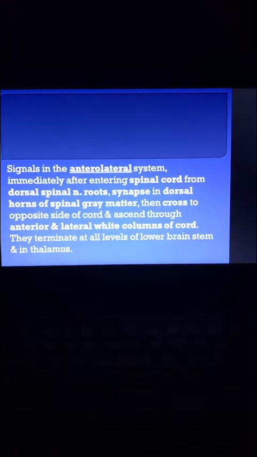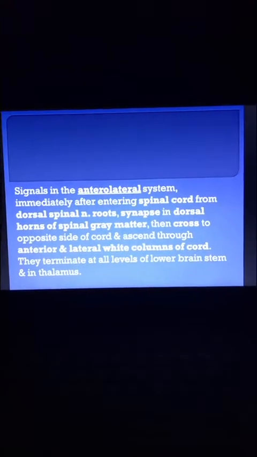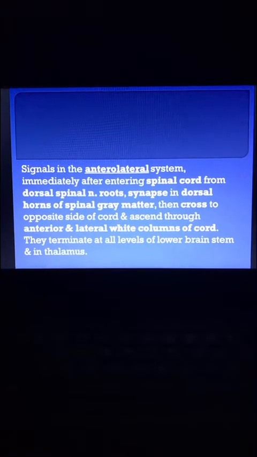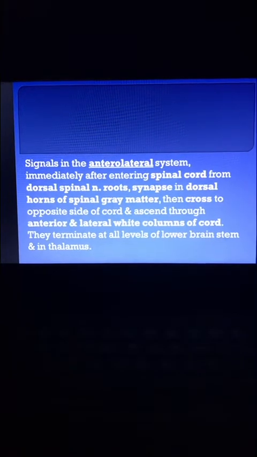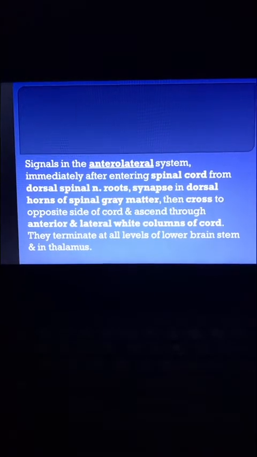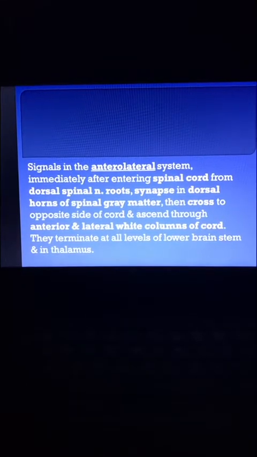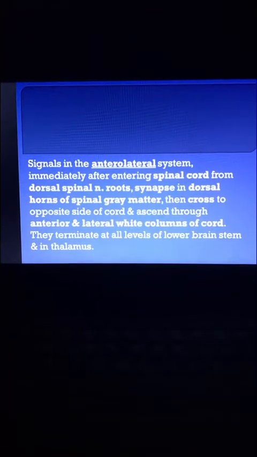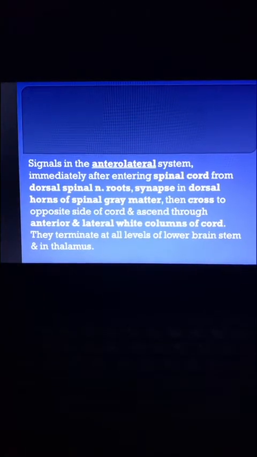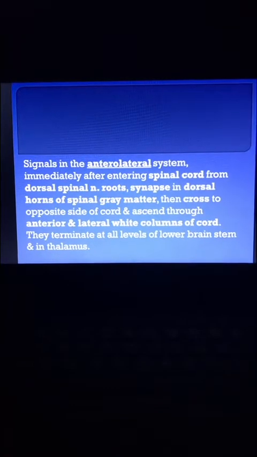So the medial lemniscus is the tract that transmits the dorsal column sensory modalities and sensations into the central nervous system, into the brain.